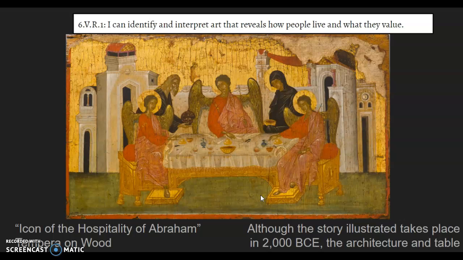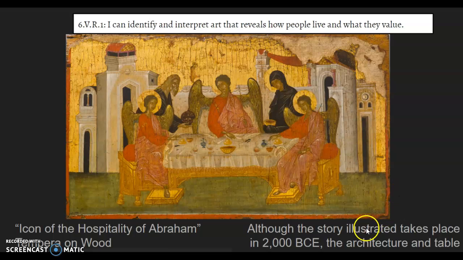Now, in Byzantine art, there is more than just Christian art. For example, this is icon of the hospitality of Abraham. It is still religious, but this is from Jewish art. And it's important to note that one of the things they liked to do in Byzantine art was make the style look more modern.